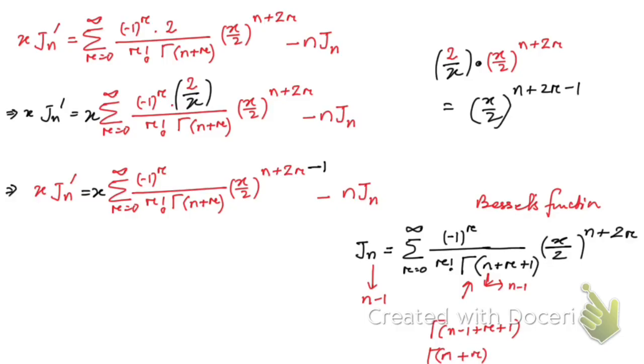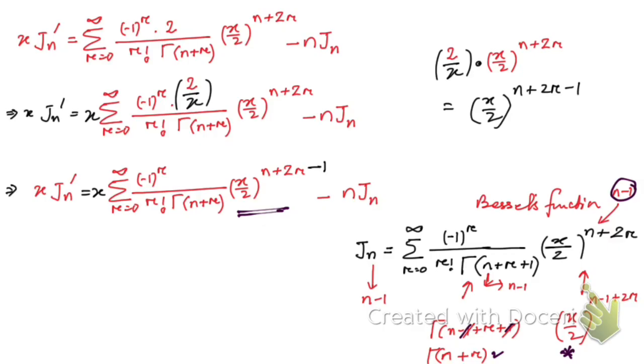Minus 1 plus 1 cancels here. Okay, and here the power, here also if you replace the n by n minus 1, then this term gonna be equal to x by 2 whole to the power n minus 1 plus twice r, right? Which is nothing but this term here, you can see. Okay, so this is nothing but n minus 1 plus twice r, right? So hope you have understood this.